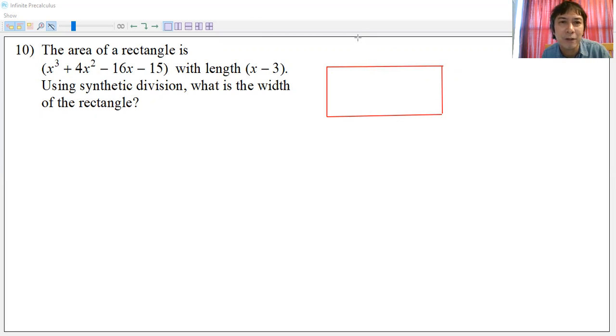We have our length over here, let's just call it L, and this is also L. Now this will be our width, and this is also width. And this is our area, area A.